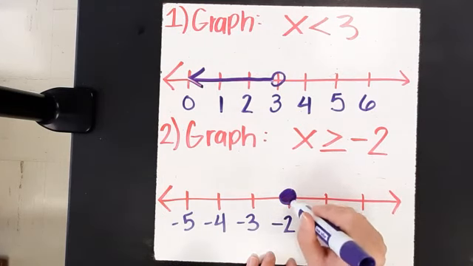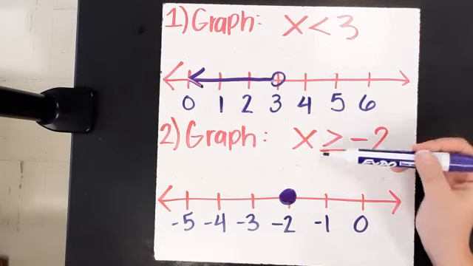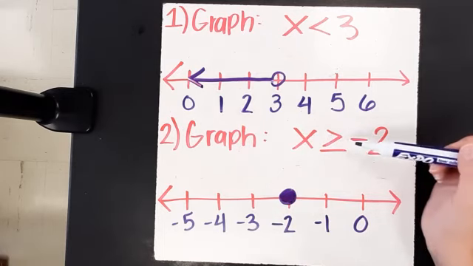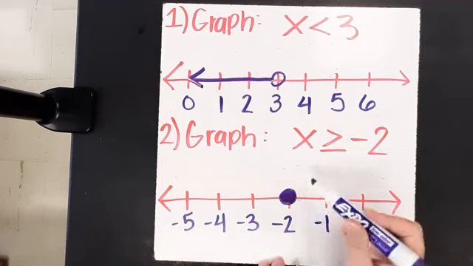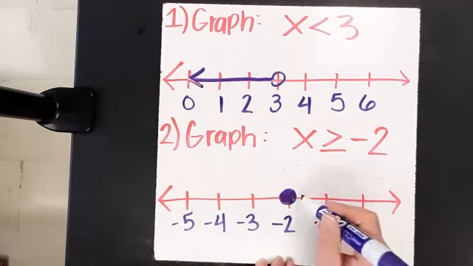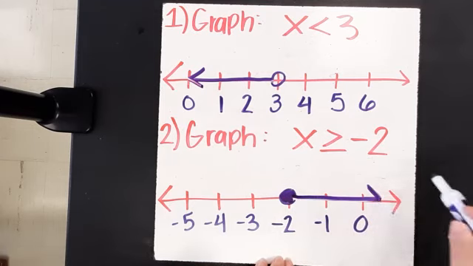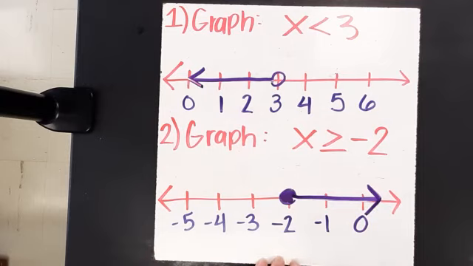Now that symbol is greater than or equal to, so I need to show an arrow going from the dot to everything greater than negative 2. That would be going towards the right in this case. So that graph shows you that x is greater than or equal to negative 2.